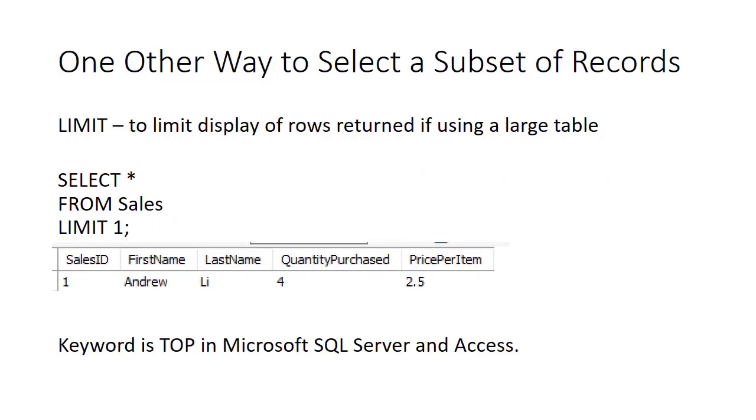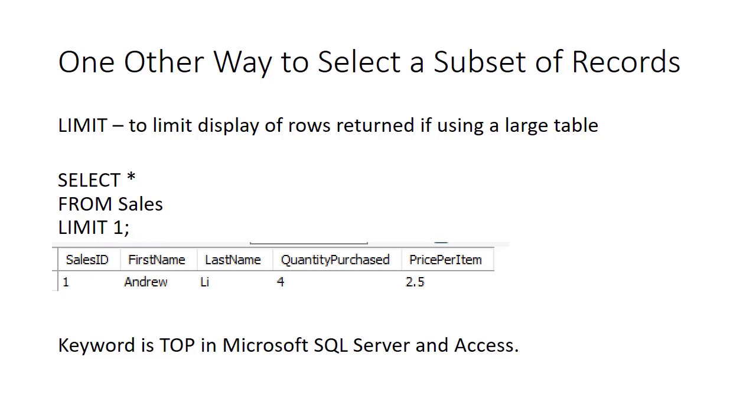There's one other way to select a subset of records, and after this lesson, we're going to use it to limit the output. If you have long tables, especially in the classic car models and our homework, we can use this limit keyword and it will just restrict the number of rows output. The limit keyword always goes last. If we had an order by statement, it would go after the order by.